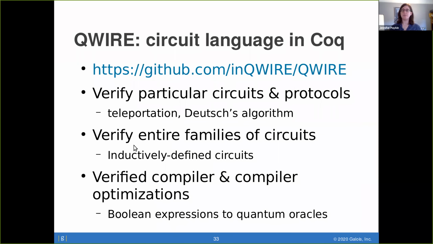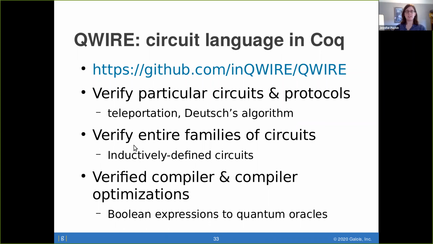Okay, so I just want to summarize some of the work that has been done in QWIRE. At a high level, we can verify the correctness of particular circuits or protocols, like teleportation, Deutsch's algorithm, etc. And that can be extended, as I described, to families of circuits, like inductively defined circuits, in a way that is actually scalable because we never have to compute a large state.